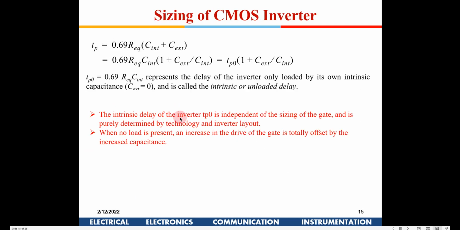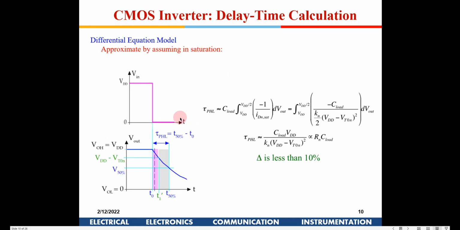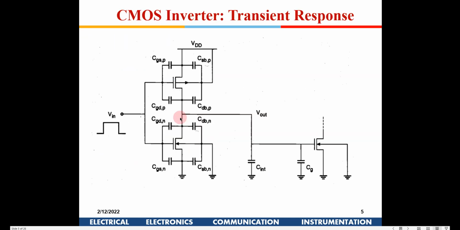Now, if I go back to my original circuit, which we showed here, this is C int, what I am speaking about. C int is CGDN and CGDP plus CDBN and CDBP, the drain capacitances with respect to the body. So these are 4 capacitances.